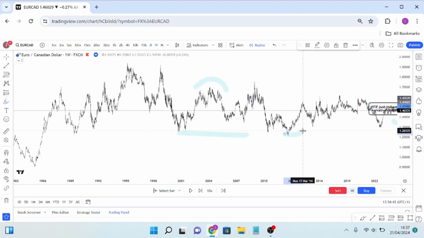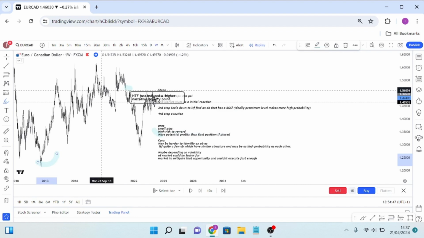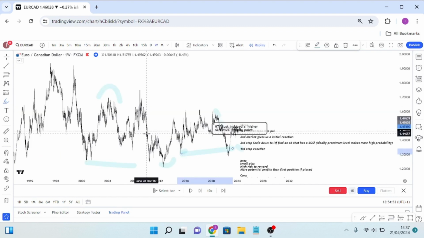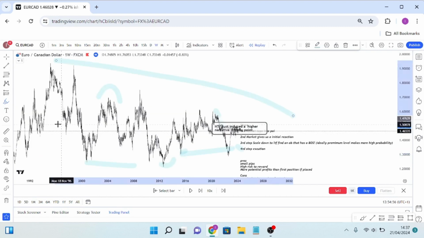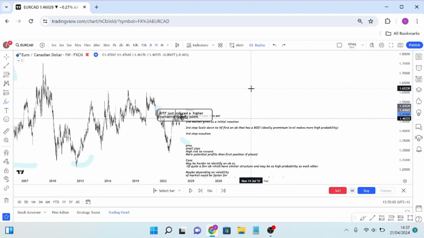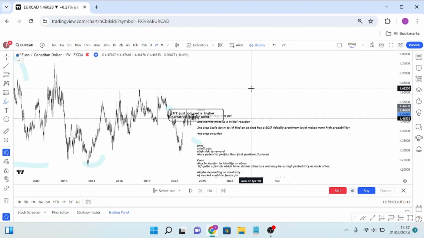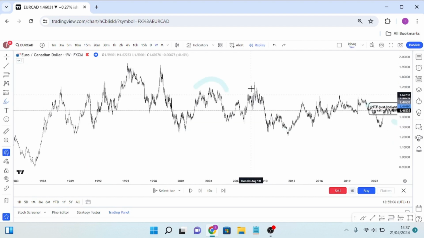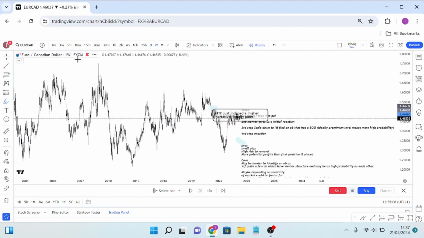Market right here, lower lows, lower highs, breaking structure. You can see the whole trend going down, because if it wasn't, it would be going up. But clearly, we've been going in a downtrend.